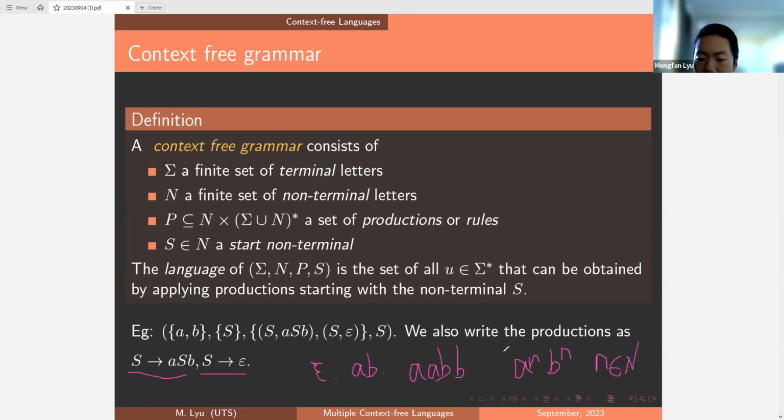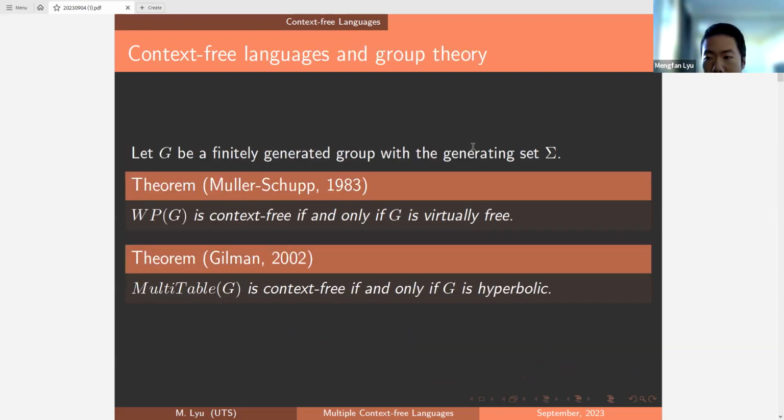So A to the n, B to the n can be regarded as a context-free language. And then we can see the connection between context-free languages and number theory, group theory. There are 2 theorems.